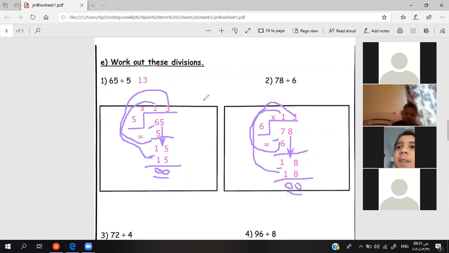Is someone asking? I can't see a message. Wait. There's something wrong in the application definitely today.